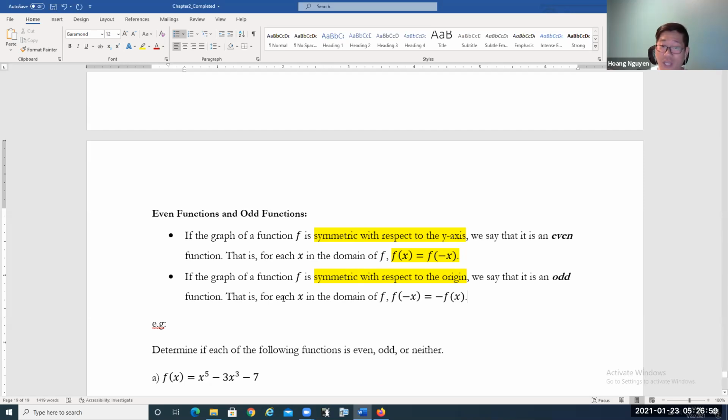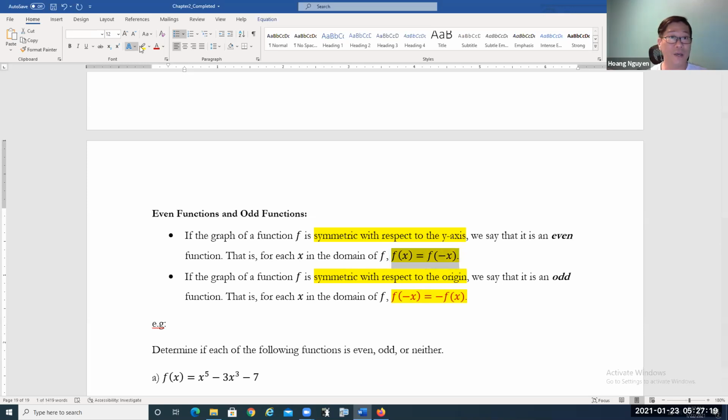For each x in the domain, we have f of negative x equal negative f of x. So this is how we determine if a function will be odd or even.